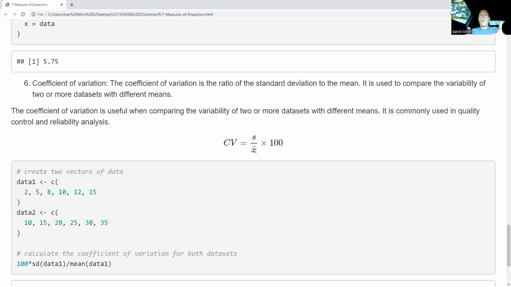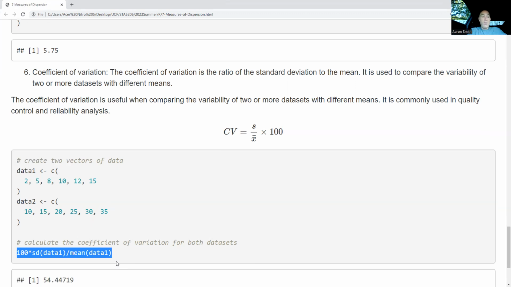So here, I'm trying to measure the shape of the dispersion, not the actual value itself. And so the coefficient of variation is useful when comparing the variability of two or more data sets with very different means. It's commonly used in quality control and reliability analysis. And so to execute this, I do standard deviation, divide by mean, multiply by 100.